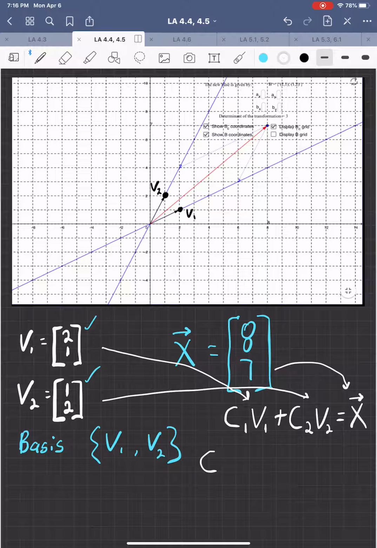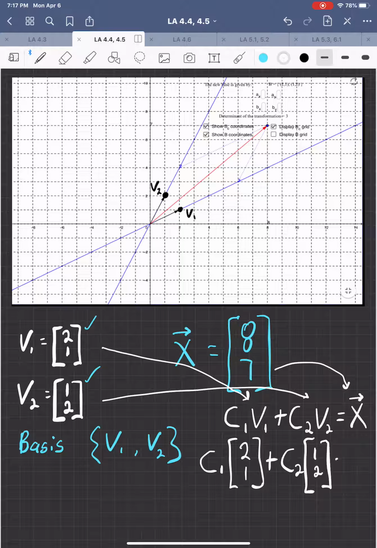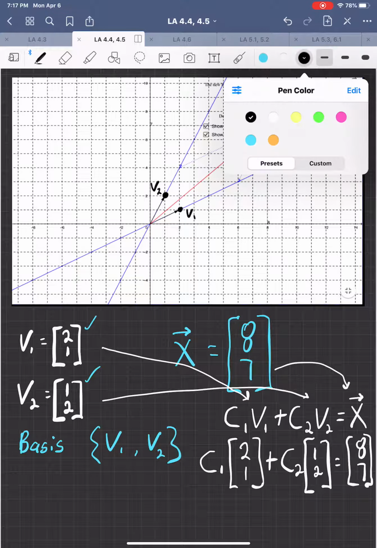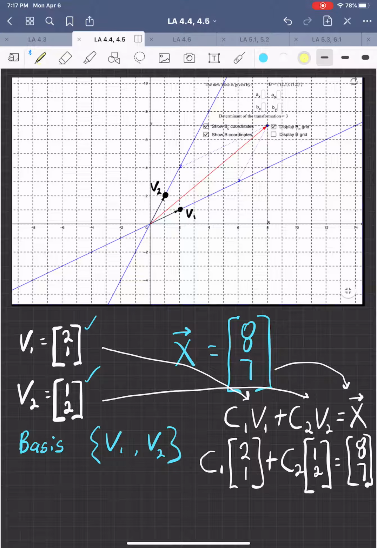All right, so that gets me to c sub 1 multiplied by 2, 1 plus c sub 2 multiplied by v sub 2. And the whole point is to get to the point 8, 7. All right, in case it's been a second since you've done this, you definitely can play the game of trying to pick the scalar that distributes.